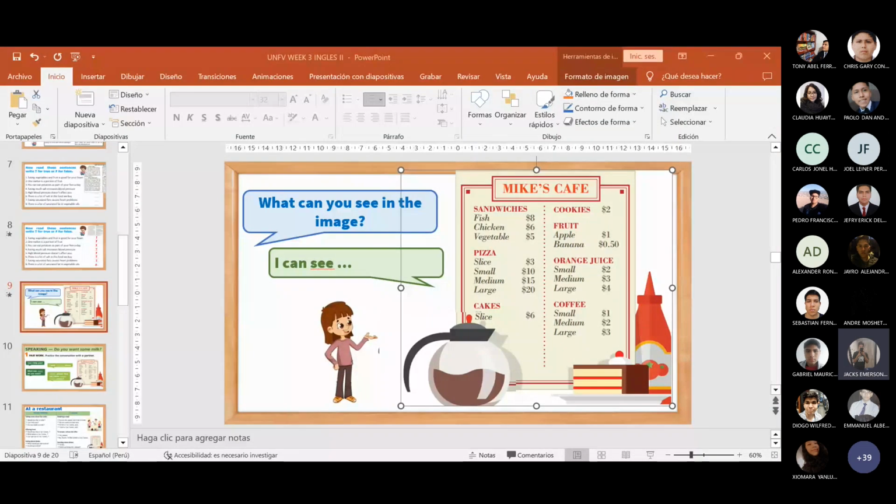The menu. Okay. What else? Okay. This is related to that picture.